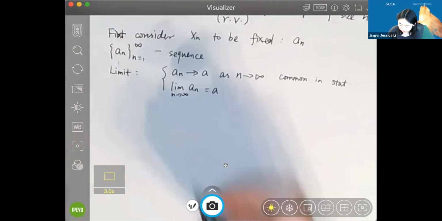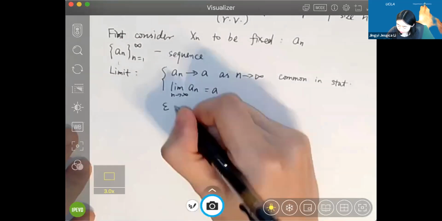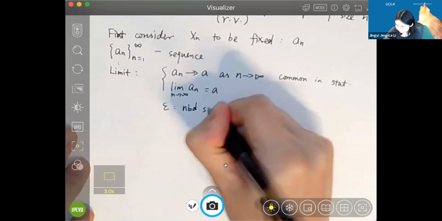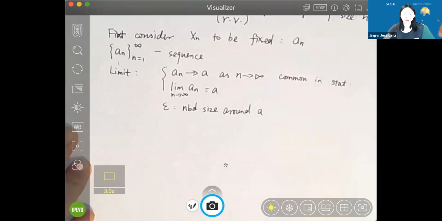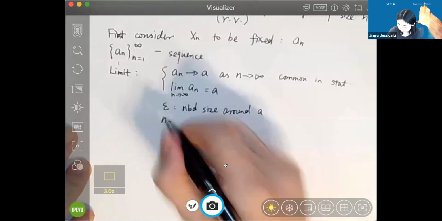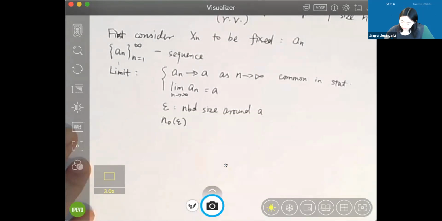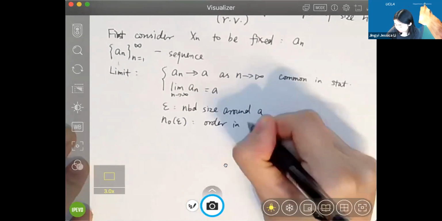Here we use epsilon as a neighborhood size around the limit A. And we use n, let me say n0 of epsilon, as an order in the sequence.